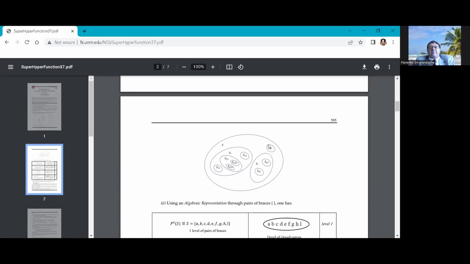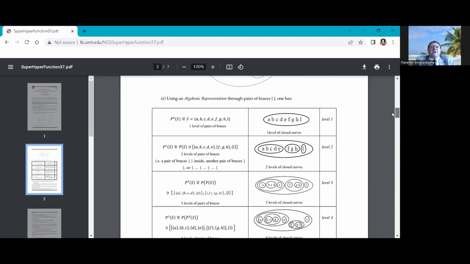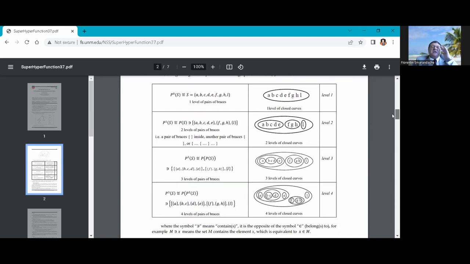Now, this one here is formed by 2 subsystems, and this one, S1, is formed also by 3 subsystems, and this one subsystem is formed by 2 subsystems, and so on, like in our everyday life, or we can write them in an algebraic representation.